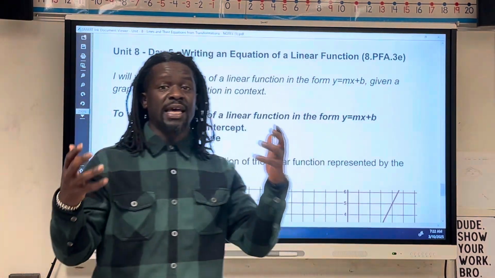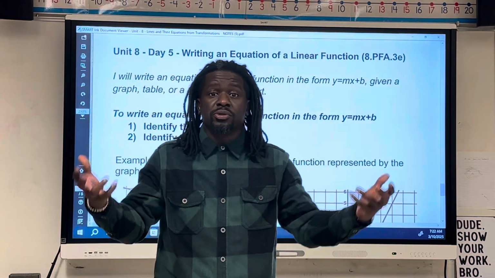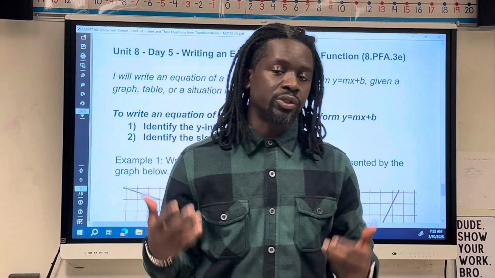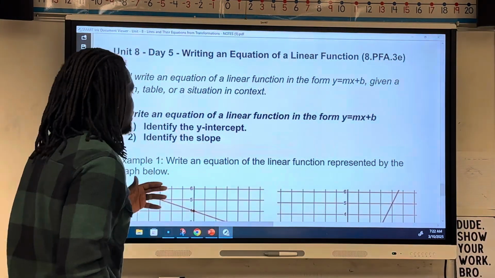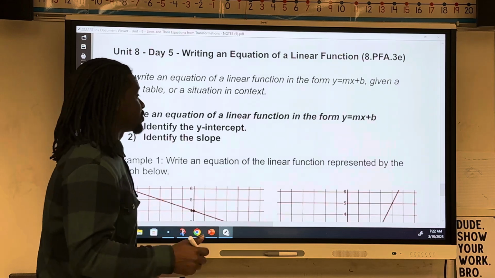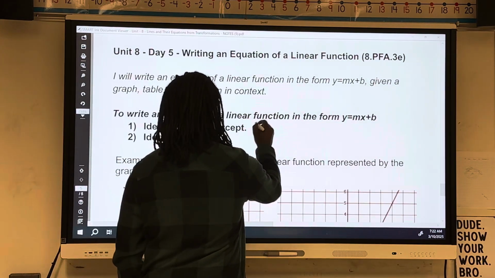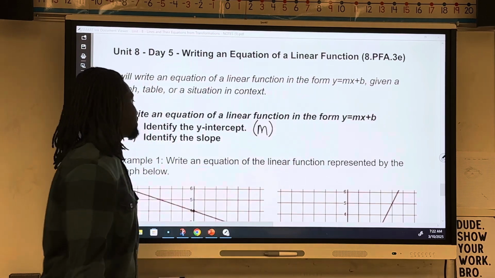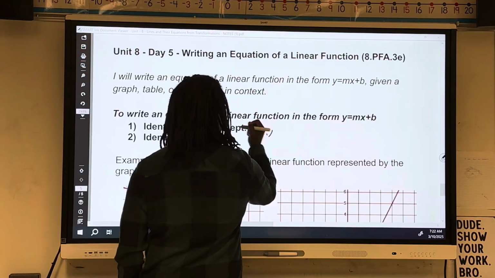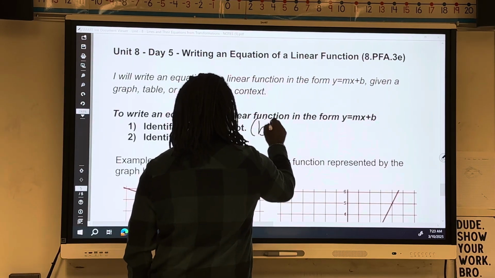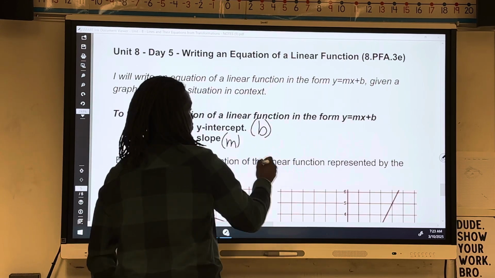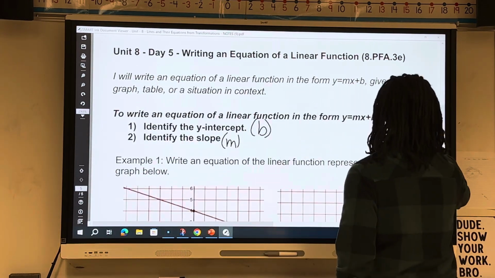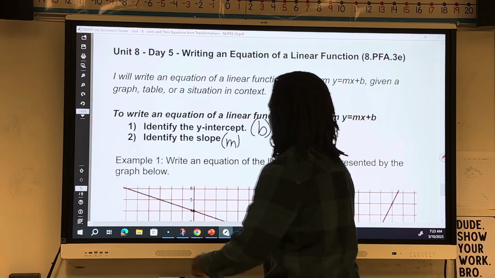Once I have my slope and my y-intercept, those are the two things I need in order to write an equation in slope-intercept form. I want to remind us that in y = mx + b, the y-intercept is the b, and the slope is the m. Those are our two things that we need to know.